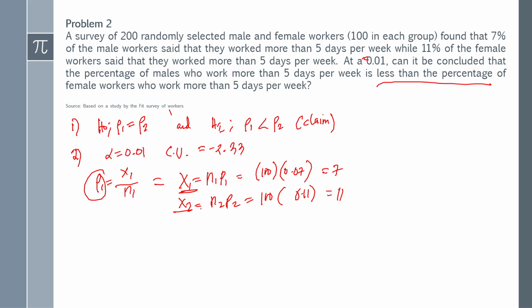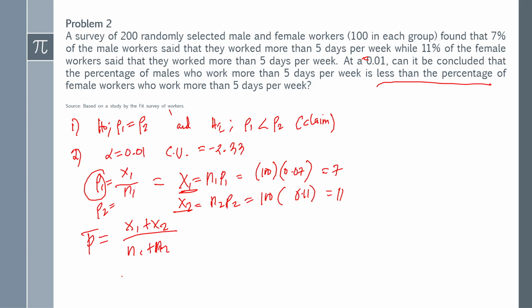Since we need to find the pooled proportion, we have x sub 1 plus x sub 2 over n1 plus n2. We don't need to find the sample proportions 2 and 1 because those are already given, which are 7% and 11%.